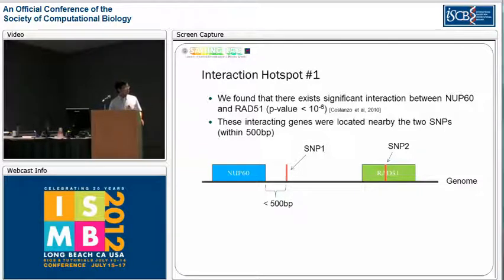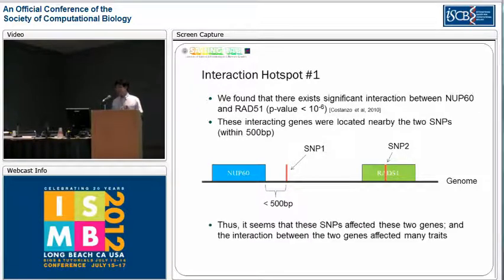For example, the NUP60 gene was located within the first SNP, and the second SNP was located within the gene RAD51. So it seems that these SNPs affected these two genes, and then the interaction between the two genes affected many gene traits.